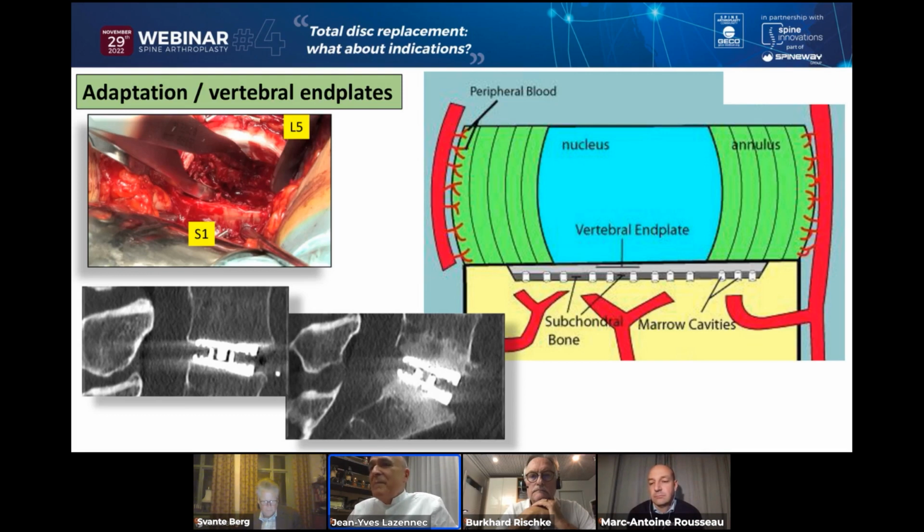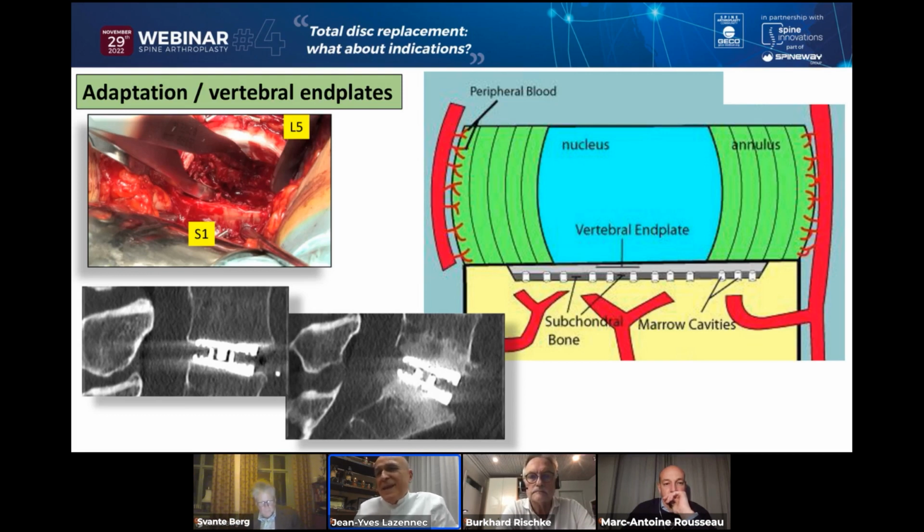And you see there are marrow cavities. Probably you will look in a different way at the preoperative CT scan after this. If you look in a very precise way, you will see that you have small cysts due to liquid inside of the end plate and due to the vascular properties of the end plate. And of course, we shall have different adaptation of the end plate.